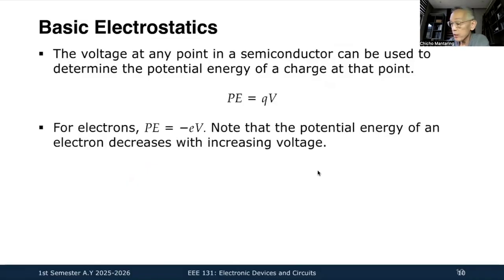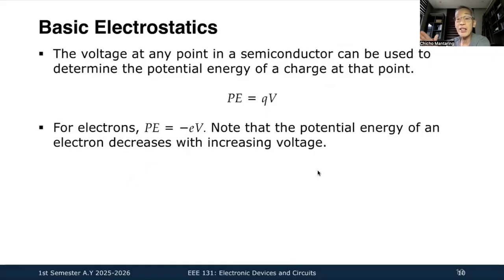So for electrons, because Q is negative, your potential energy is negative q, which is your electron charge, times your voltage. You will note that the potential energy of an electron decreases as the voltage is increasing.